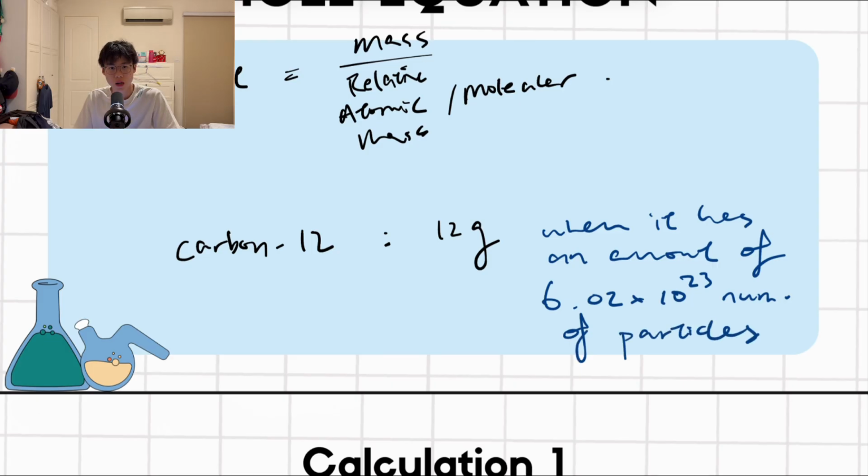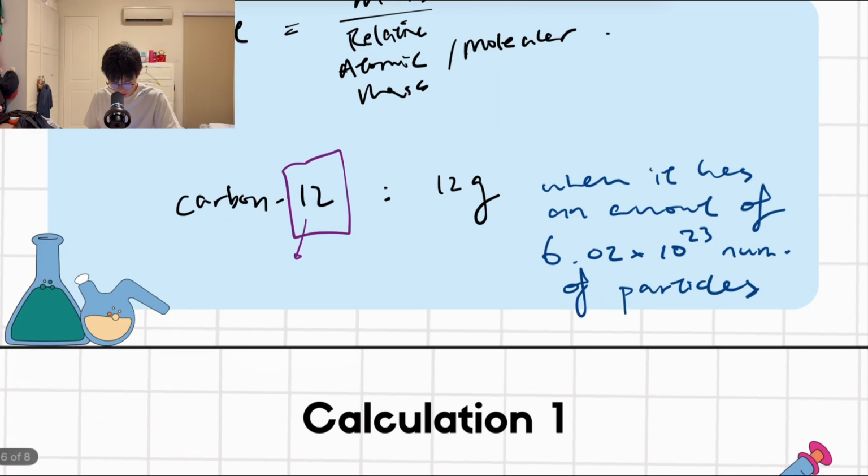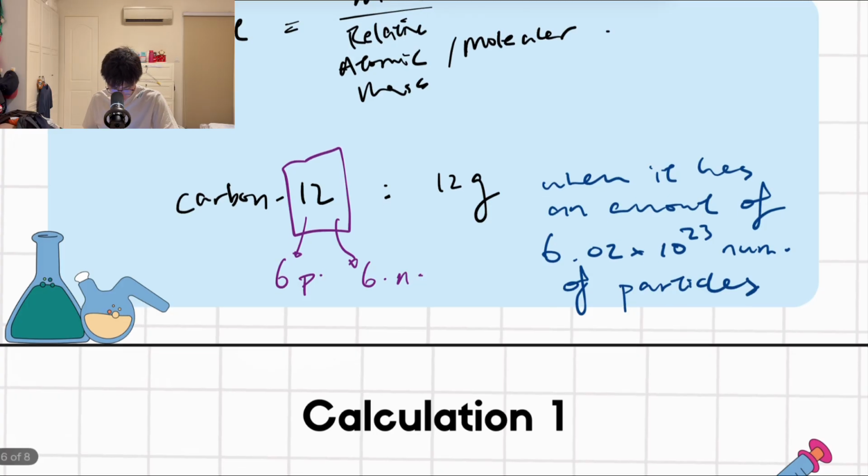What's so special about this situation is the relative atomic mass shown here, carbon-12, where there are 6 protons and 6 neutrons, and electrons have negligible mass, and protons and neutrons weigh the same. We consider them as a relative mass of 1 and 1.